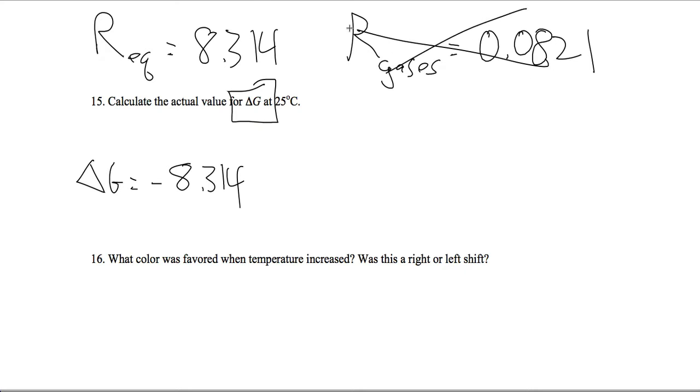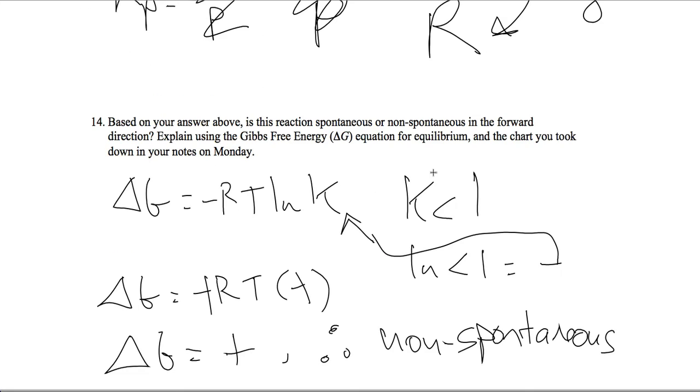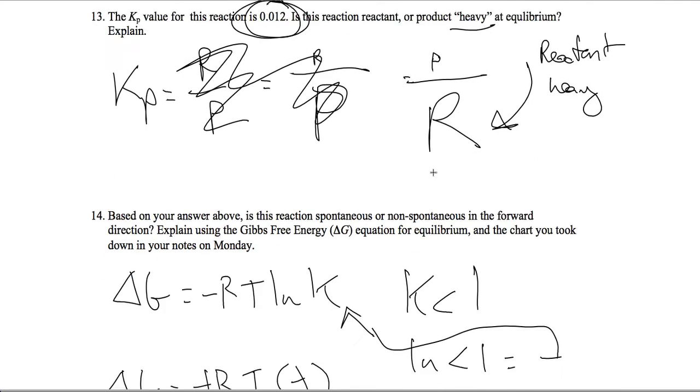We're not using this one here, we're using this R. Times T, 25 plus 273 is 298 Kelvin. Ln of K, and I believe K in this case is, I've got to relook here, 0.012.